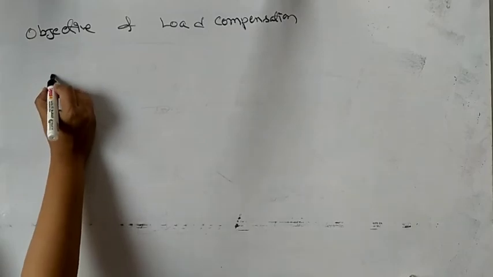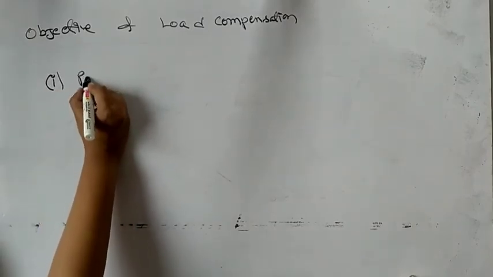The management of reactive power at the load bus for optimum performance of power system, loads being the prime objective of the load compensation. And we can subdivide the scope of load compensation into three components. First, power factor correction.